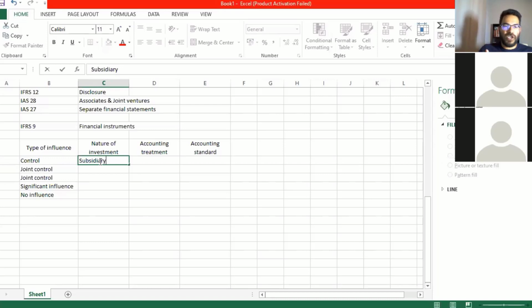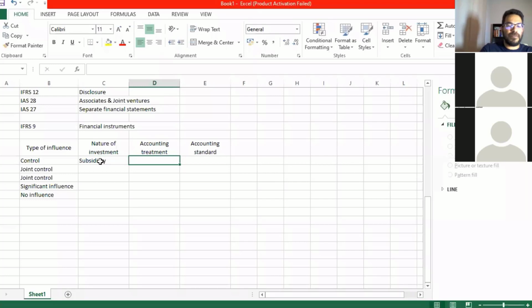So if you have control, it means you have a subsidiary. And when you have a subsidiary, you will have to consolidate. And if you have to consolidate, you have to apply IFRS 10. So IFRS 10 deals with consolidation.